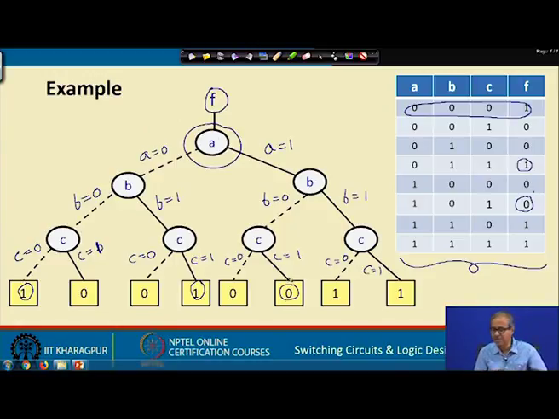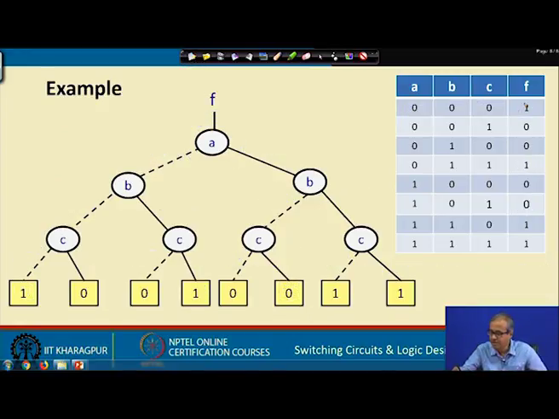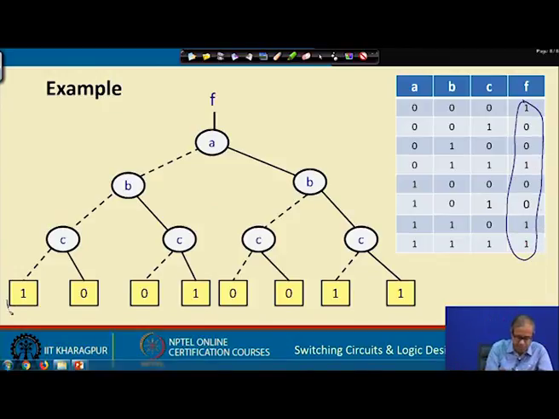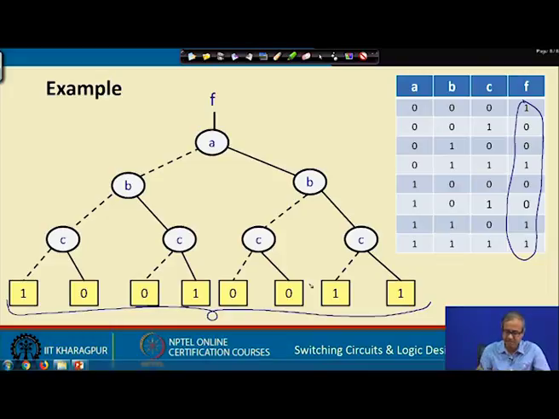So, essentially what we do here is look at the output column of the truth table, 1 0 0 1 0 0 1 1, and simply copy this as the terminal nodes at the lowest level. This will give us one representation for this function. This is what we refer to as the binary decision diagram.